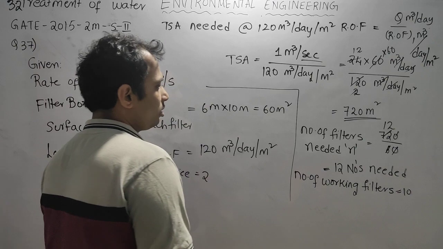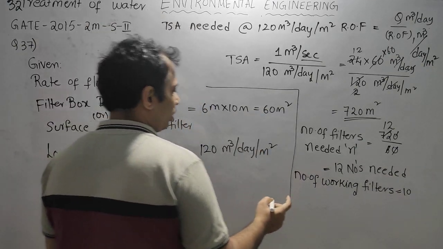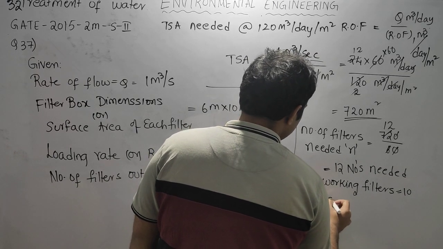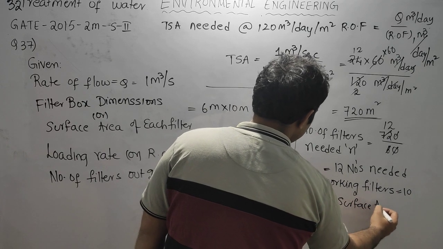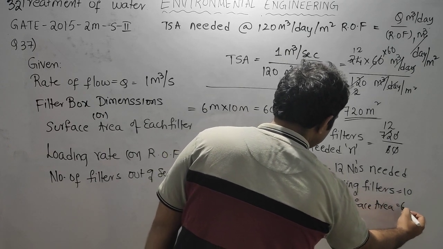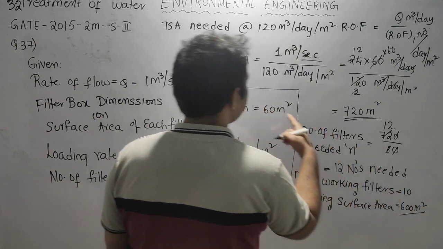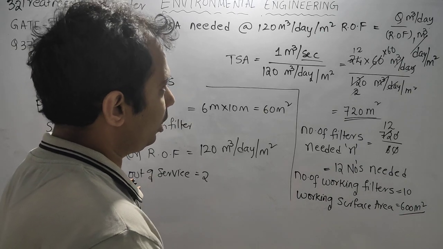If the number of working filters is 10, then the working surface area is 600 meter square only. Each filter is having 60 meter square, so the working surface area is 600.